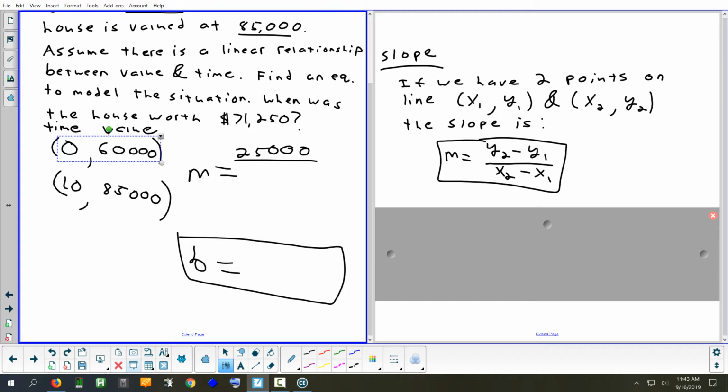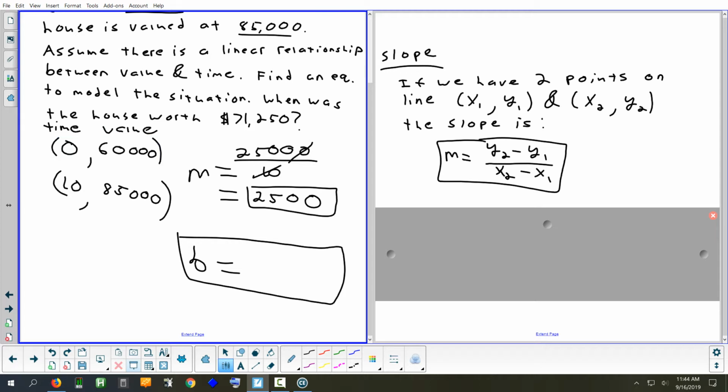And now in the bottom, x2 minus x1. What's 10 minus 0? 10. So 25,000 divided by 10, just take off a 0. It's going to give me 2,500. So that's the rate of change of the value of the house. $2,500 a year, basically. Now, we've got the slope.